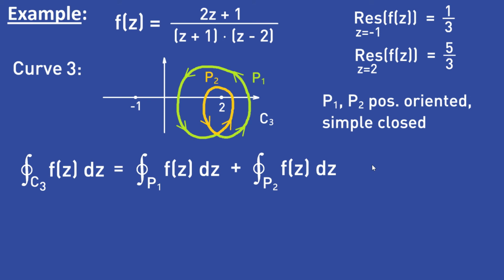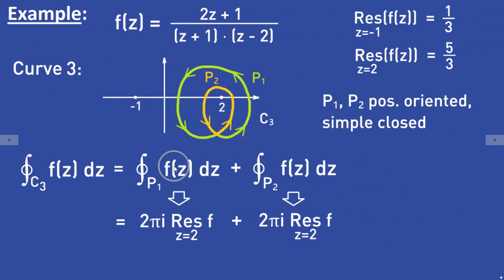The first integral is equal to 2 pi I times the residue of f at z is equal to 2. And the second integral is equal to 2 pi I times the residue of f at z is equal to 2. Because both curves have the pole z is equal to 2 in the interior and are positively oriented.